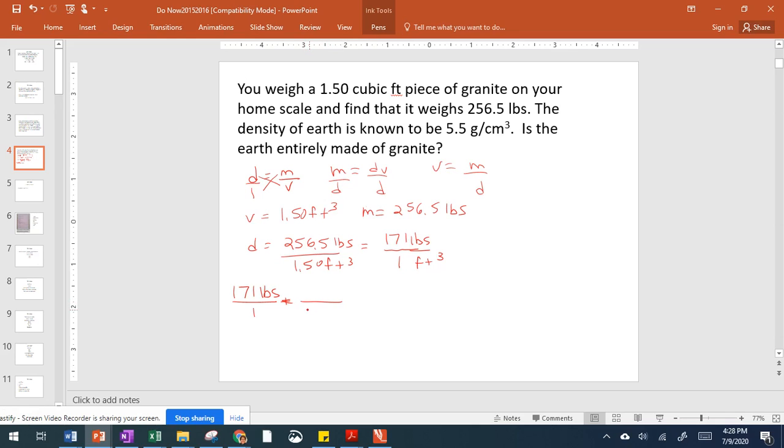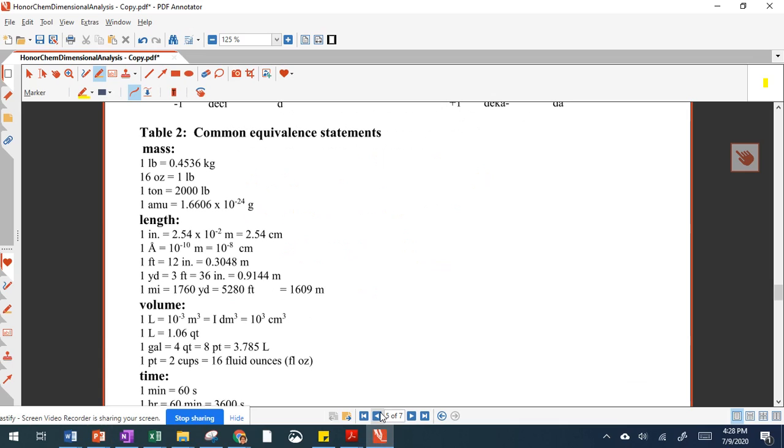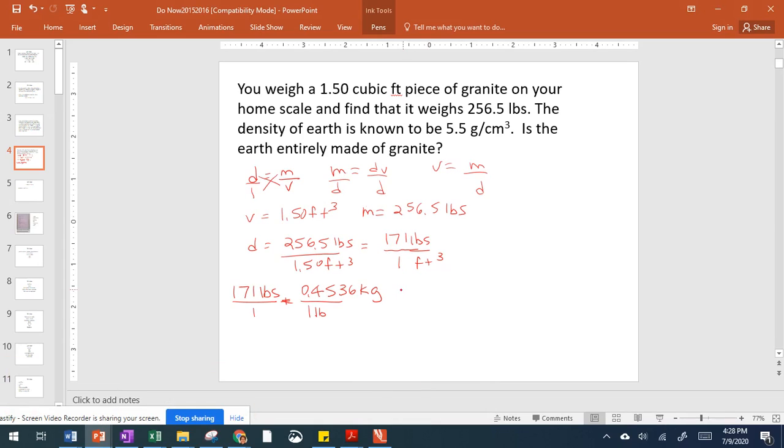So that's what we're going to be using here to help us. Okay, so we have 1 pound is 0.4536 kilograms, or no, kilograms. Just double check. Yep. And then we have now kilograms, so now we're going to go to grams. Now remember, kilograms is going to have to go on the bottom, and 1,000 grams would go on the top.